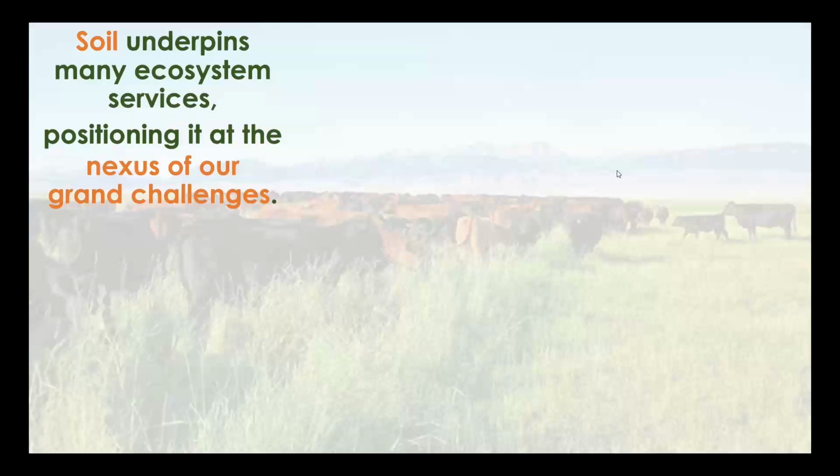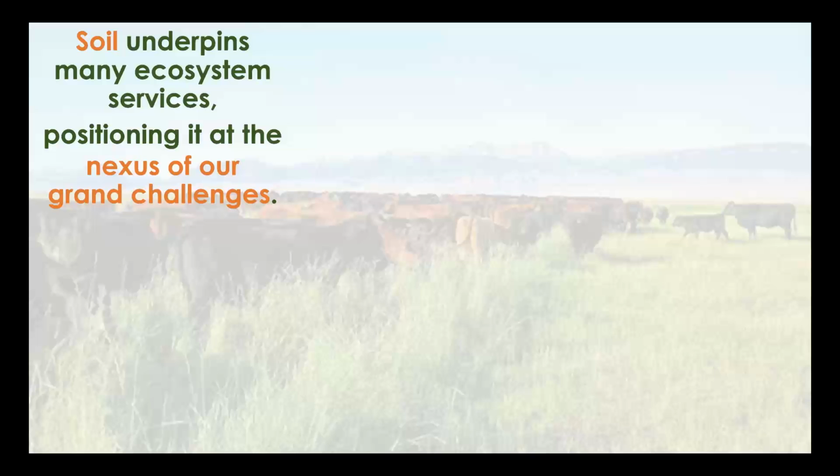Starting with the 30,000 foot, or global, view of soils, soil underpins many ecosystem services, which puts it at the nexus of our grand challenges. By grand challenge, I mean things that you have probably all heard of. Population is increasing. That population requires agricultural products for food, for shelter, et cetera.